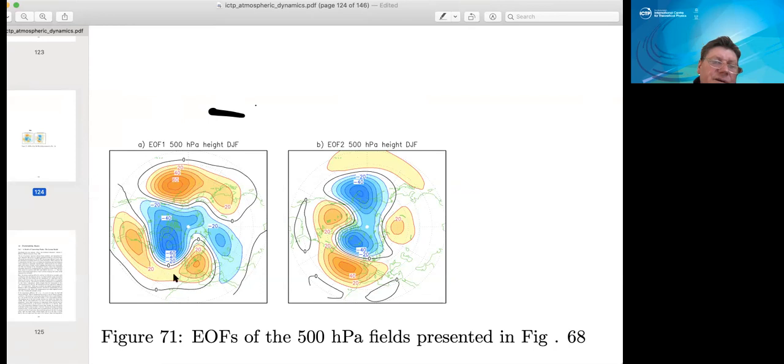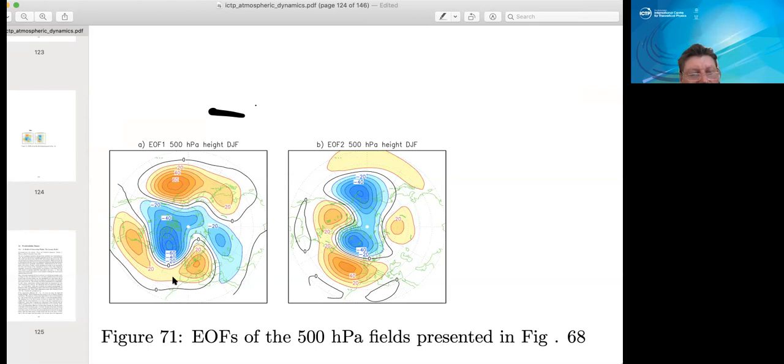This is the first pattern that appears. And remember, the sign of the pattern is completely arbitrary. I could multiply this by -1 and get exactly the opposite. The pattern is a linear analysis. So if I reverse the pattern, I just have to multiply the time series by -1. So there's no meaning in having a positive or negative sign of all these anomalies. That is exactly the same physical meaning.